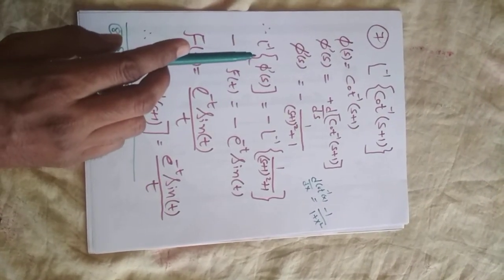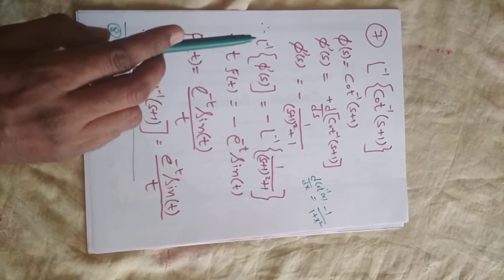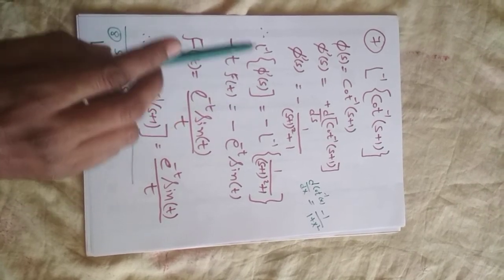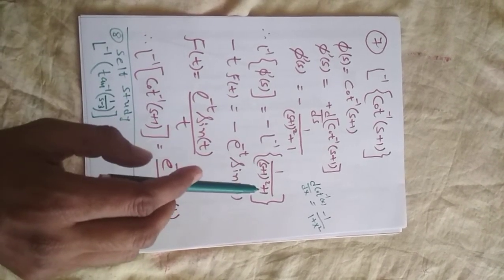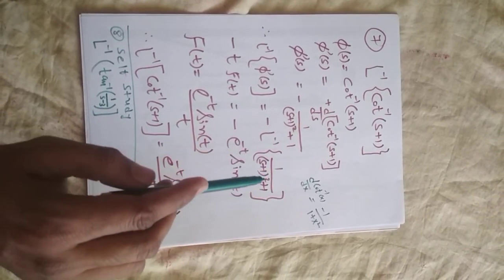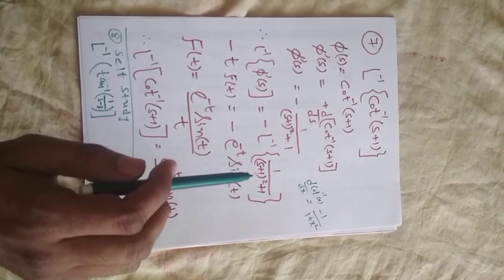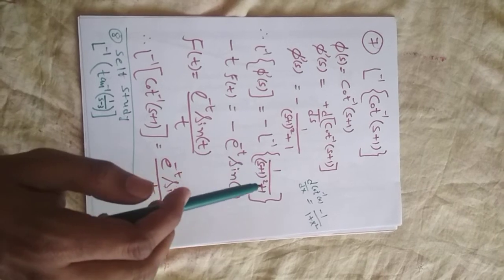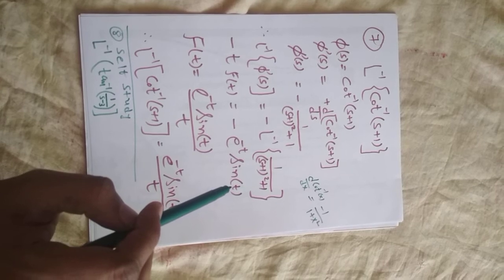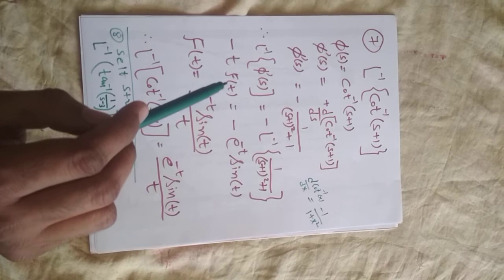Now apply inverse Laplace on both sides. The inverse Laplace of phi dash s is equal to minus, taking it outside, the inverse Laplace of 1 upon (s plus 1) square plus 1. Here this is the Laplace of sin t with the shifting property, because s is replaced by s plus 1. So the inverse Laplace of this part is e raised to minus t sin t, and the left-hand side is minus t f(t).